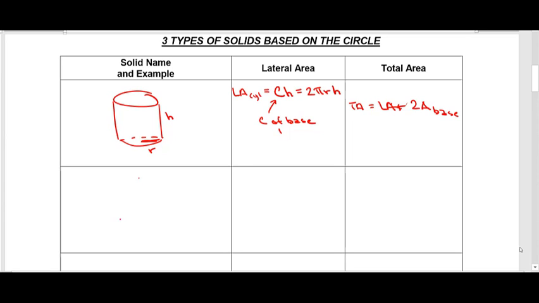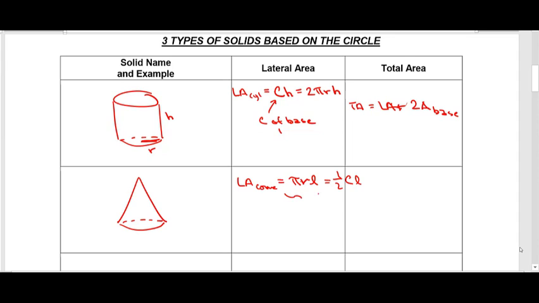The next shape that we talked about, and I went through super fast, was the cone. The lateral area for a cone is just pi times r times l. It can also be found using 1/2 of the circumference times the slant height. Either of those formulas work.